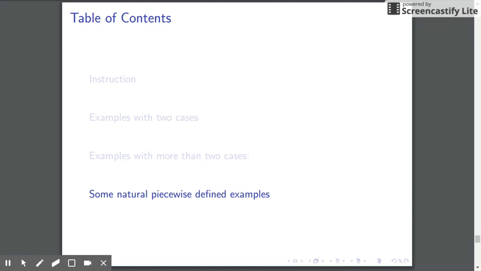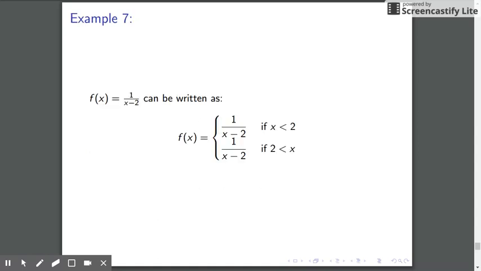So let's talk about some natural piecewise defined examples. This is a natural piecewise defined example. If you see f of x equal to 1 over x minus 2, you know that the domain does not include 2.